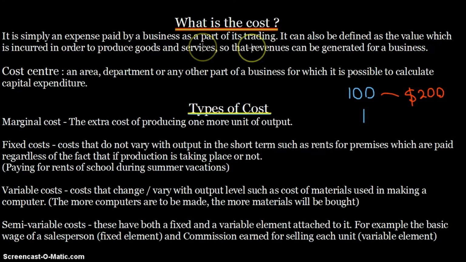Well, that will be the total cost of producing 100 units divided by the total units, that is $200 divided by 100. So that is basically your $2, right? This $2 is basically your marginal cost, and it is used to identify if the business should produce more units or not, when they want to produce some extra units.